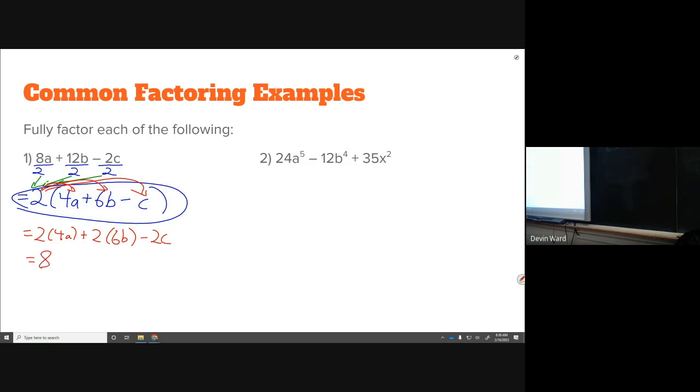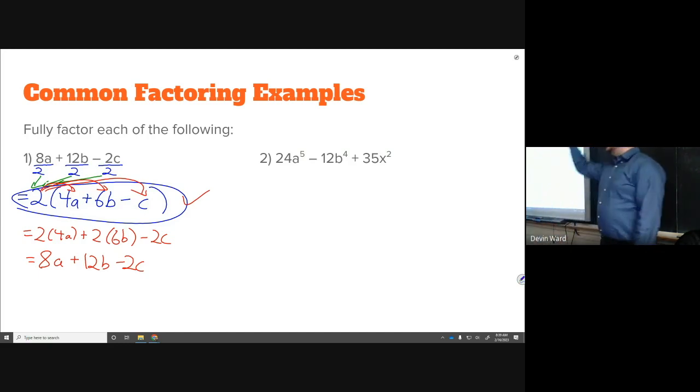Then 2 times 4a would be 8a, plus 2 times 6b is 12b, minus 2c, and it's the exact same answer, right? Yes. So that's how you can check your work to make sure that you got the right answer, okay?